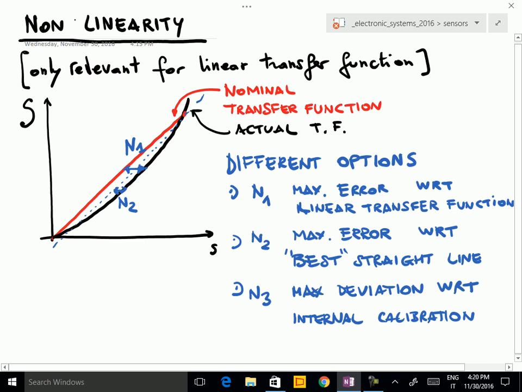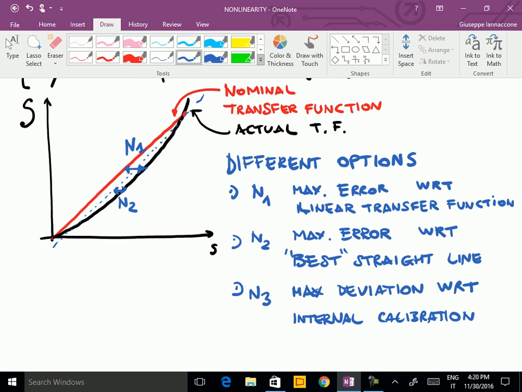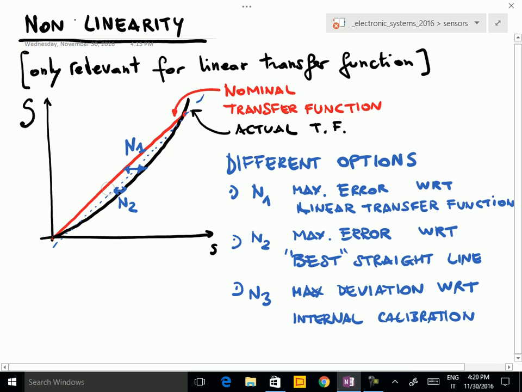We consider this point, and then we compute the line which is tangent to the actual transfer function at this point, and then we extract the maximum distance between the nominal transfer function and this line in the span of the stimulus.